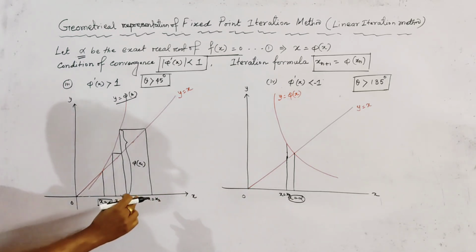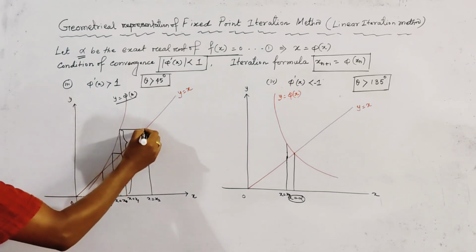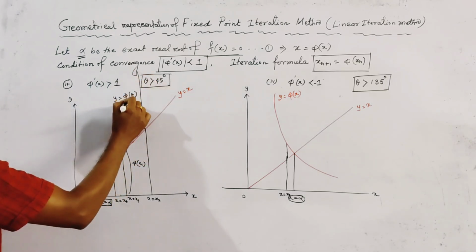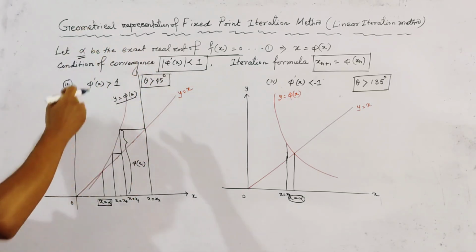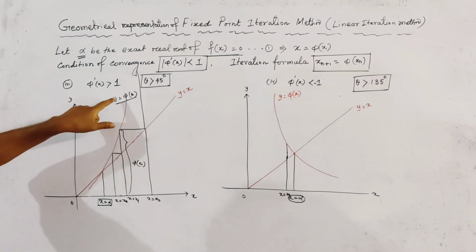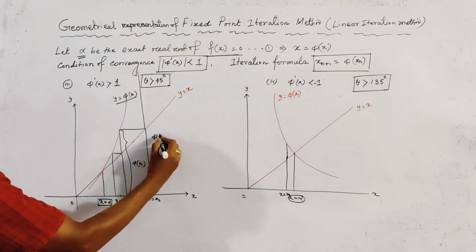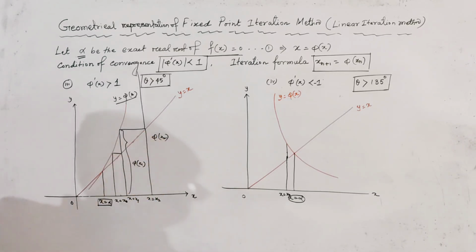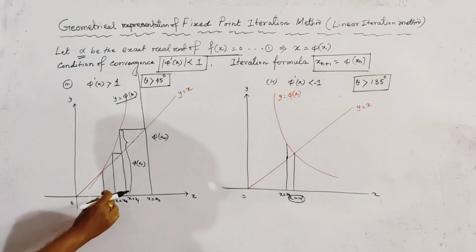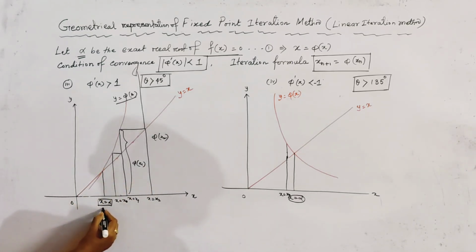Okay. Now again draw a perpendicular on y equal to x and a perpendicular on the x-axis and get x equal to x2. This is the second approximation, and clearly if we draw this line to the curve y equal to phi of x, then this height is given by phi of x2, and it is clear that the approximation is continuously at a greater distance from the exact root.